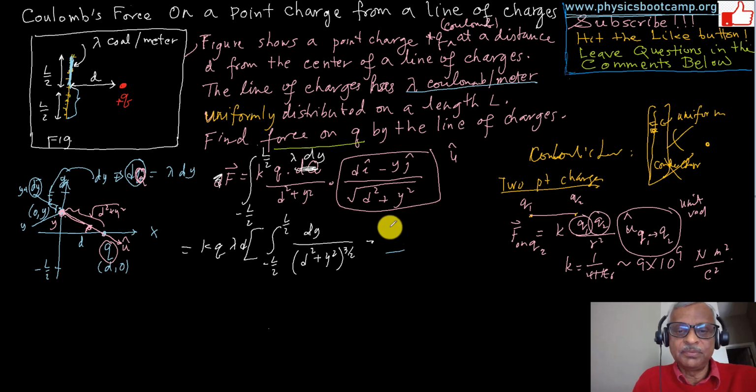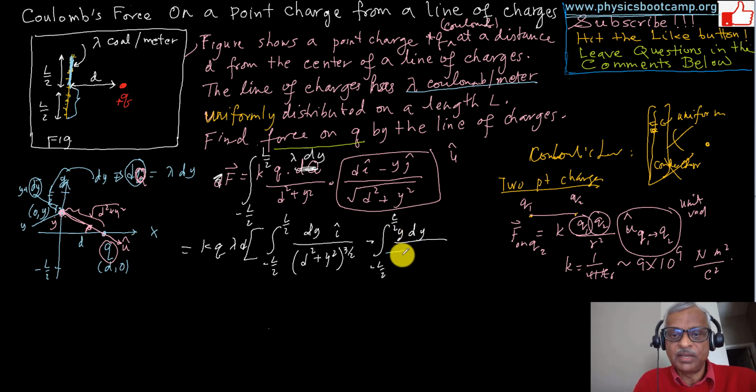Then I have the integral from minus L over 2 to L over 2 of i hat dy over that, and y times dy over d square plus y square to the 3/2. And this is d over here. Okay, this is fine.